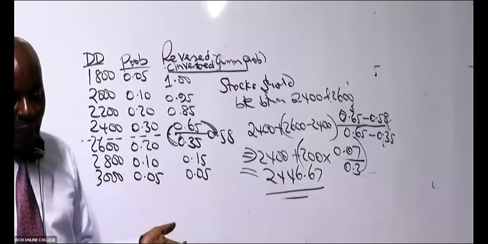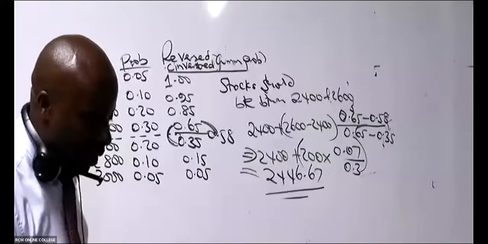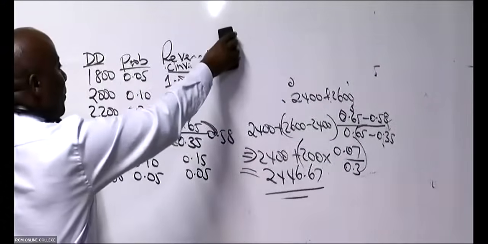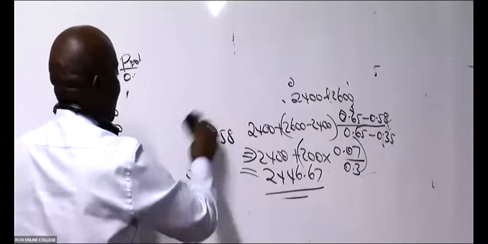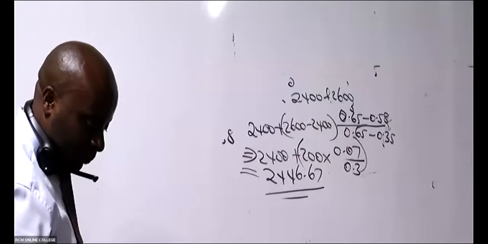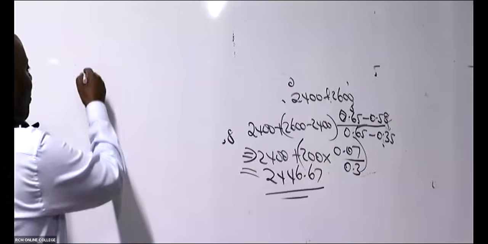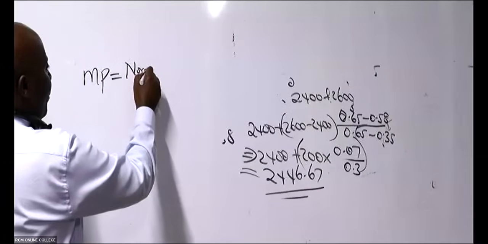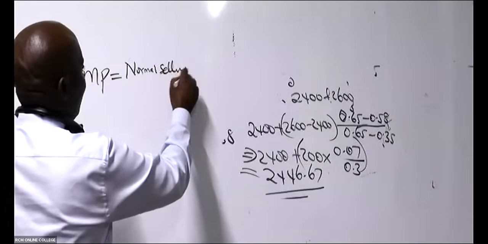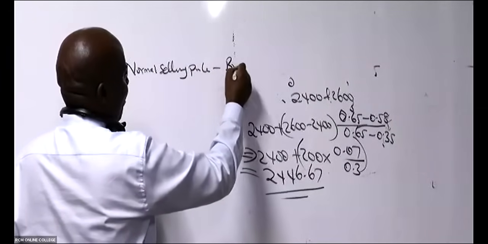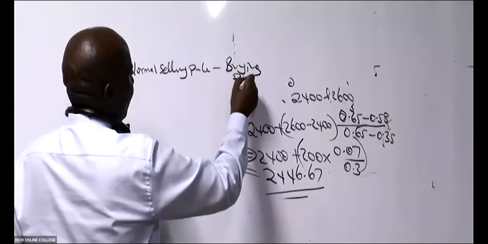There's a ninja up there who asked how we got to 35. If you allow me, I'll show how we got this marginal loss and the marginal profit. So marginal profit is the normal selling price minus our buying price, which never changes.